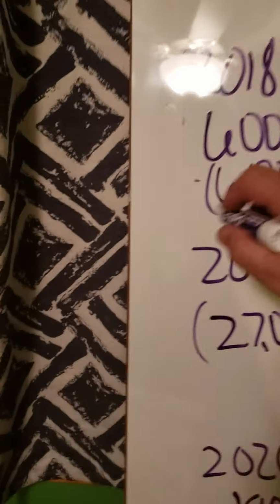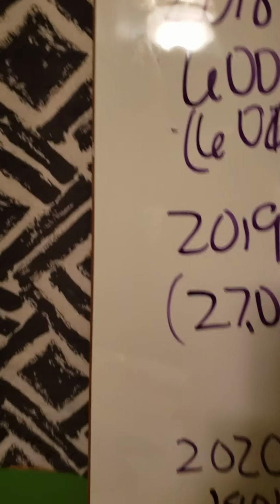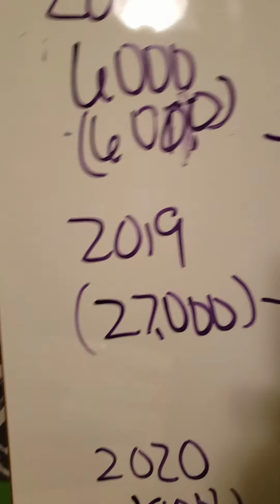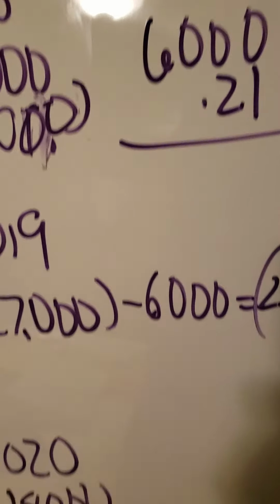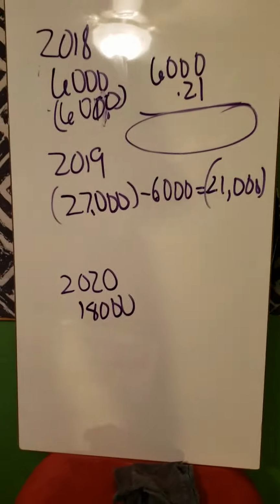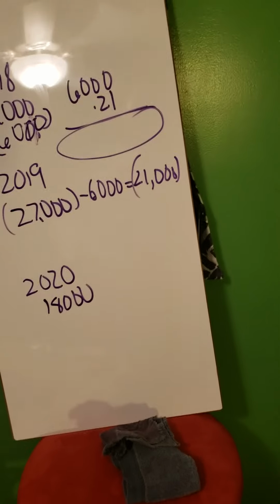That then gets rid of this entire capital gain, and I'm going to get $6,000 times 21%, whatever that number is. I'm going to get that amount then back in a check from the government.